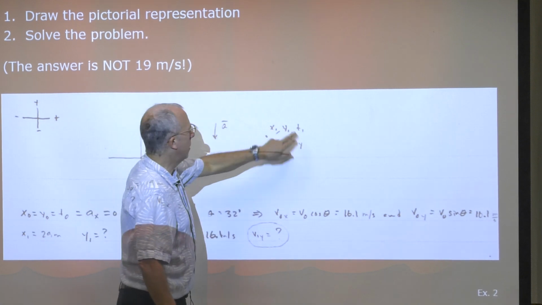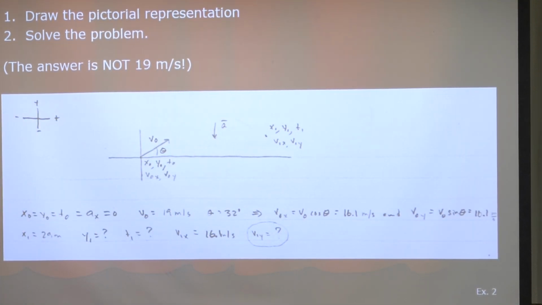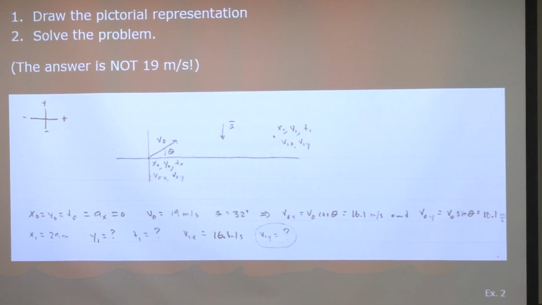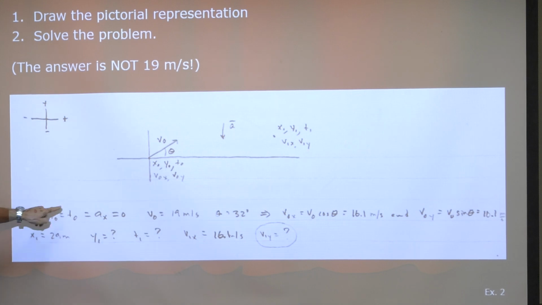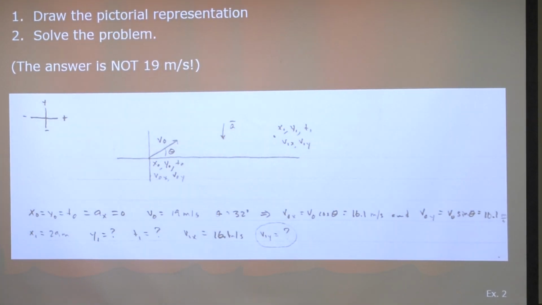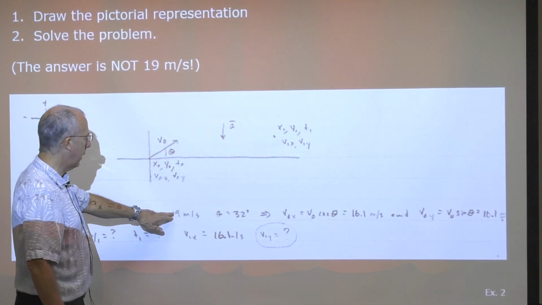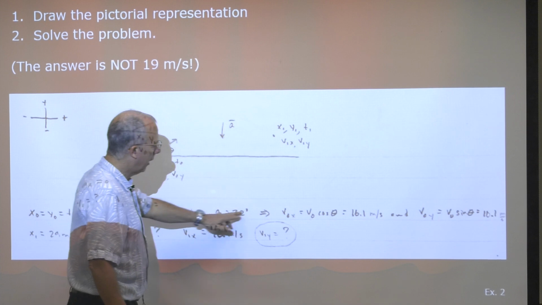So x1, y1, t1, v1x, v1y. It's free fall, all that. Okay. Where do you want to put the origin? Well, I would put it here, right? So x0 equals y0 equals t0 equals a sub x equals 0, right? Because it's free fall. Okay, v0 is 19 meters per second. Theta is 32. Why do they like 32 so much? I don't know.